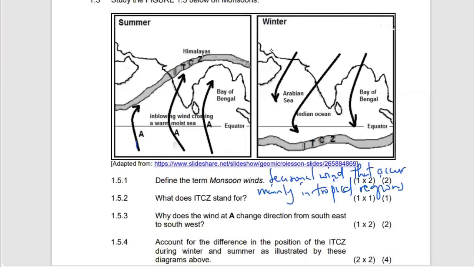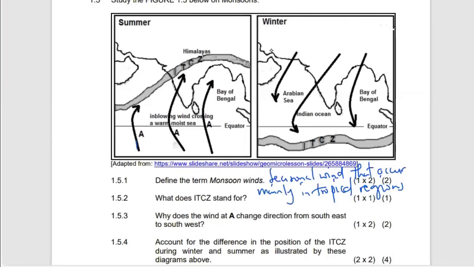It is reversing its movement direction. It's a regional wind, which is specific to a given region, mainly the tropical region. The wind changes direction according to changes in seasons. At one particular season, it's going to the north, and in another season, it's going to the south. That is typical of a monsoon wind.